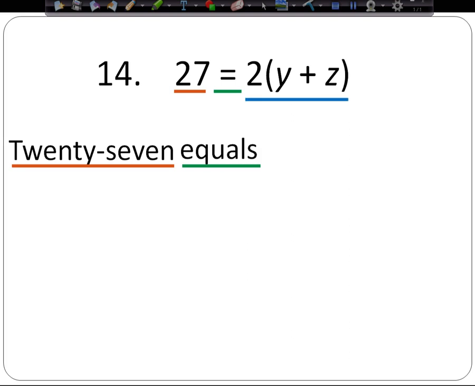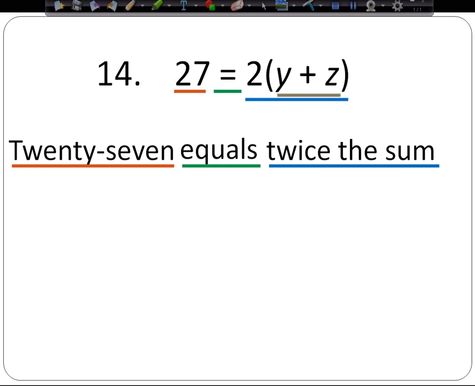Now we come to the tricky part with the parentheses. We're going to say twice the sum. Twice again means 2 times, and it's 2 times the sum. That's where the parentheses come in. And it's the sum of y and z. So 27 equals twice the sum of y and z. Again, make sure you have this written down before you move on to the next slide.